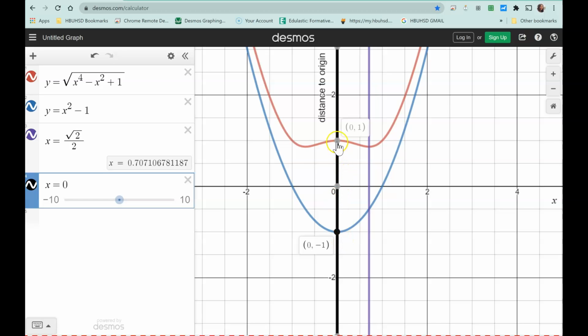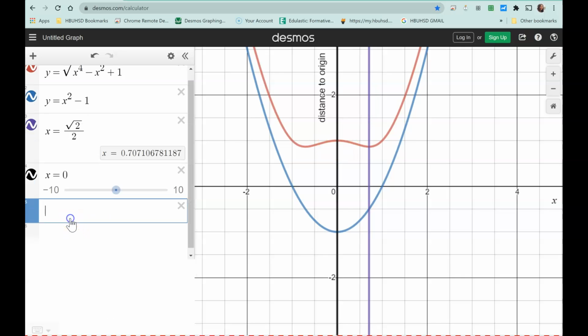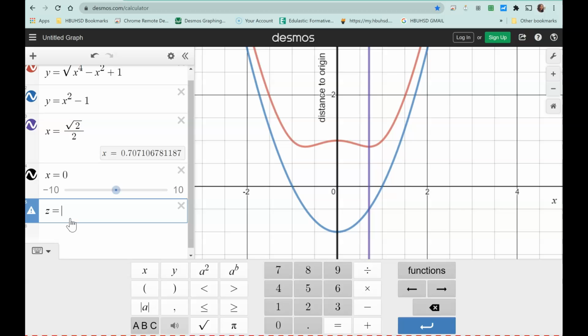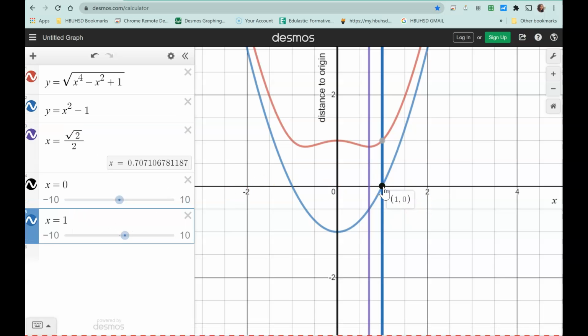But we can also just go straight up to the distance formula, which is in red, and see that the y value, remember y value represents distance to origin, is 1 when x is 0. We can also do x equals 1. So x equals 1, this is the blue one, the parabola to the origin. You can see that distance is 1, but we can go straight up to the distance equation, which is in red, and we know the y is 1. So as you can see, when x is 1, the distance is 1.